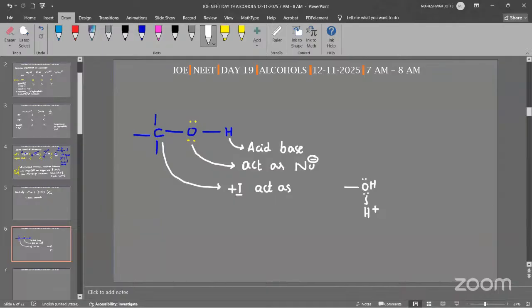Then the OH group converts into OH2 plus.